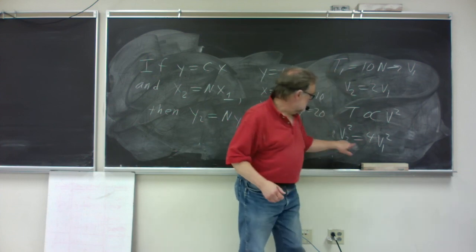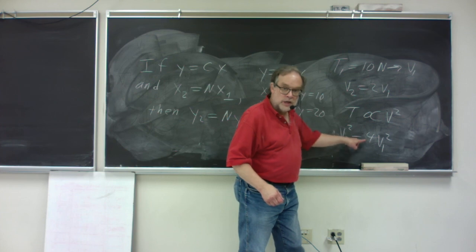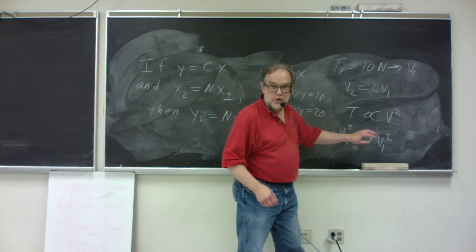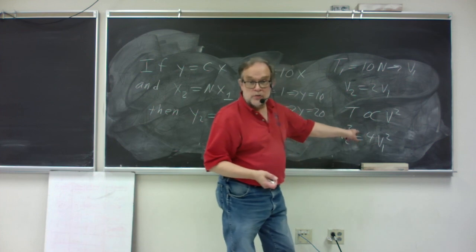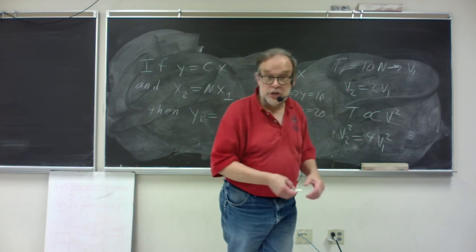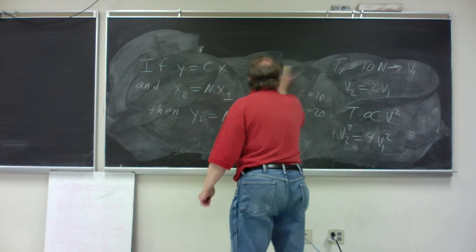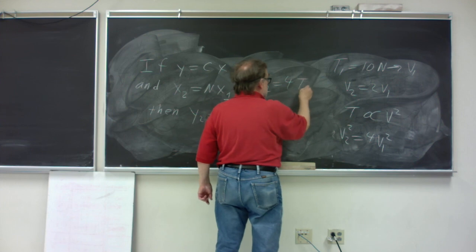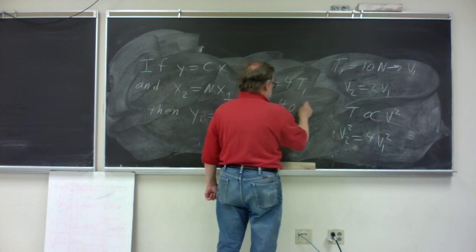In other words, the new value of v squared is 4 times the old value of v squared. This variable called v squared changed by a factor of 4, which means that whatever it's proportional to, tension in this case, also changes by a factor of 4. New tension is same factor times old tension. The old tension was 10 newtons, so now it's 40 newtons.